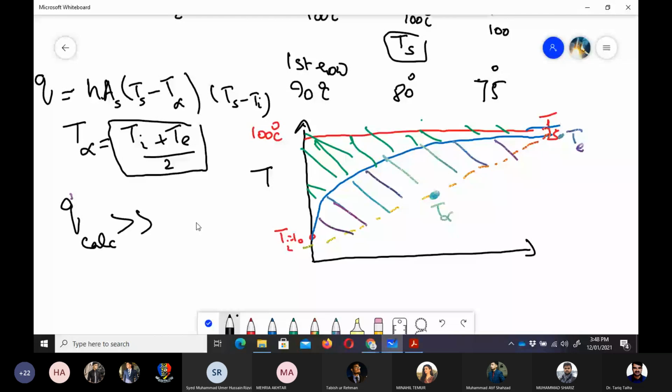Q actual जो कि ये जो ग्रीन एरिया अंडर द कर्व है, उससे हमें Q actual मिलेगा, ठीक है. So Q actual is very less, but Q calculated by this relation comes out very large because we are using this thing. Atif, does it make sense now?